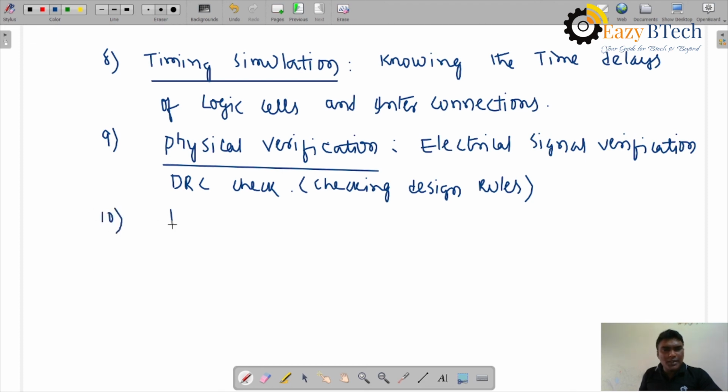Now the tenth one is testing. After electrical signal verification and DRC checking of the signal flow and all, now comes testing. Testing is done over a period of time. It is a built-in self-test.